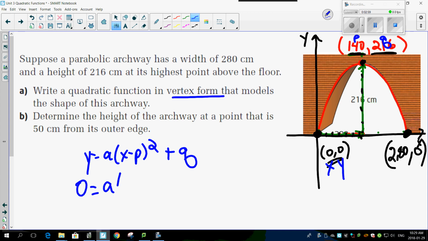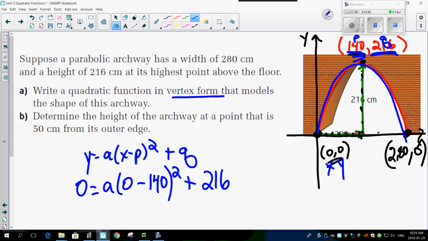My a we don't know. My x equals 0 minus a p value of 140. We're going to square this. So of course we're going to use a calculator right away, plus our q value, which of course is right up here at 216. Okay, so obviously our a value, because it's shaped in this shape, is going to be negative, but we have to figure out what that is.